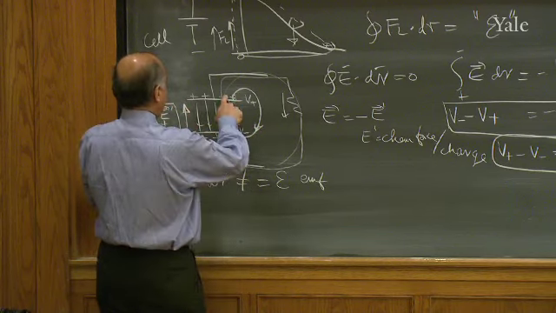So that's equal to the integral of E prime dr from minus to plus. And that'll be equal to V plus minus V minus, if you write it that way.